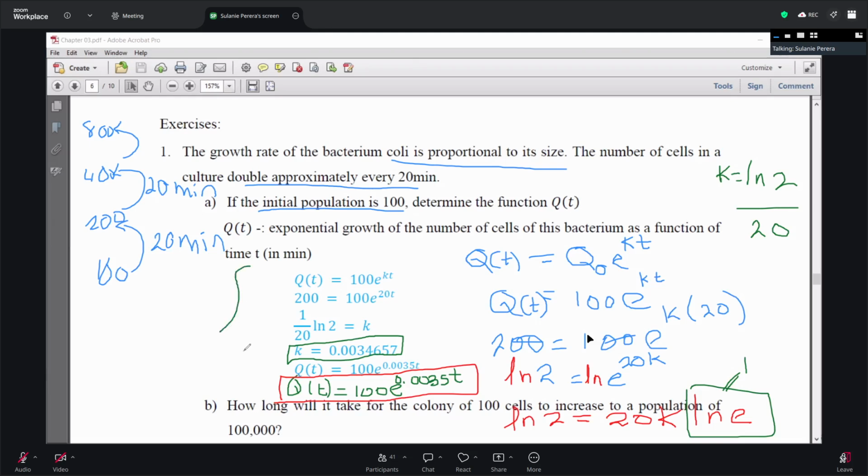From all these steps, what did we do? We found k. We do all these steps to find k. Once you have k, you can write Qt. So that's what they say, find the amount of cells at time t.